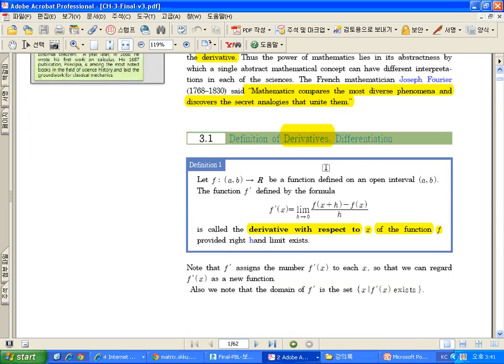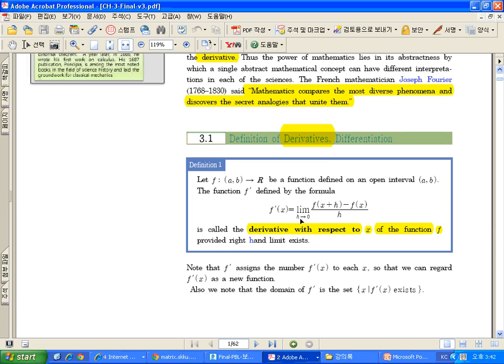You know the definition of derivative. Okay? The derivative of the function f with respect to x is defined as the formula f prime of x, which is the limit as h goes to 0 of f of x plus h minus f of x over h.